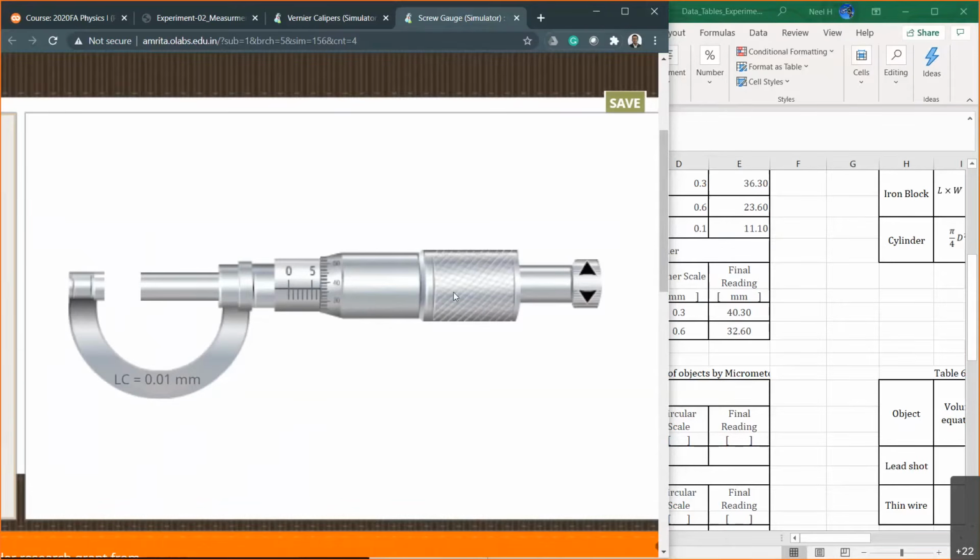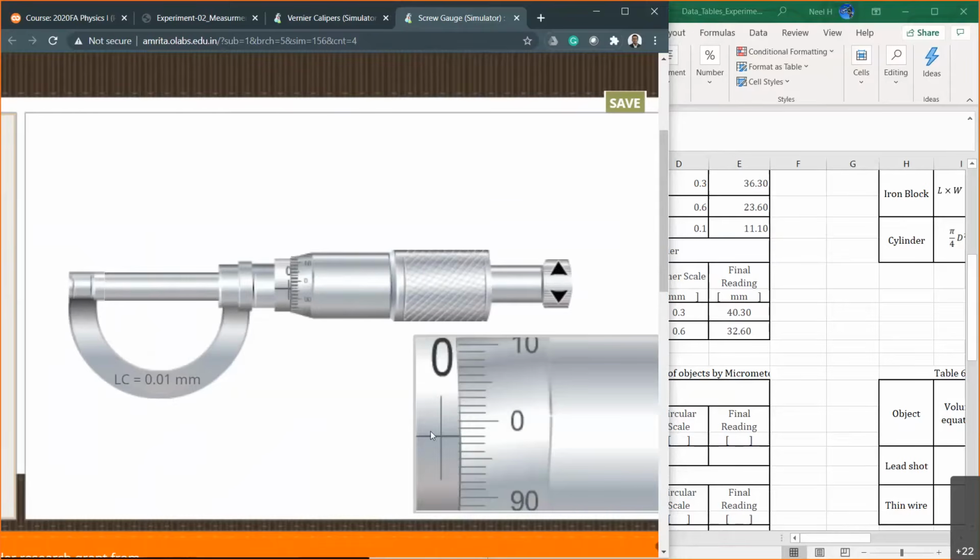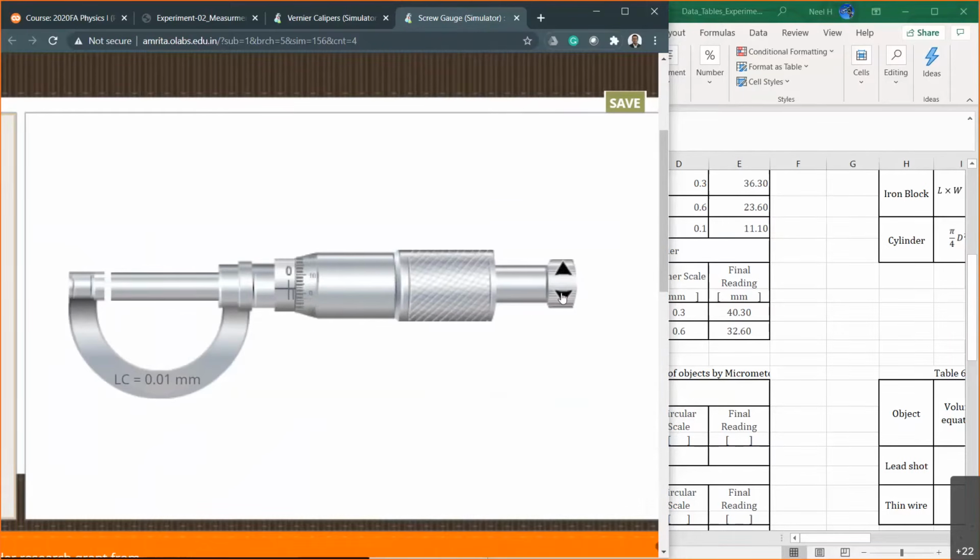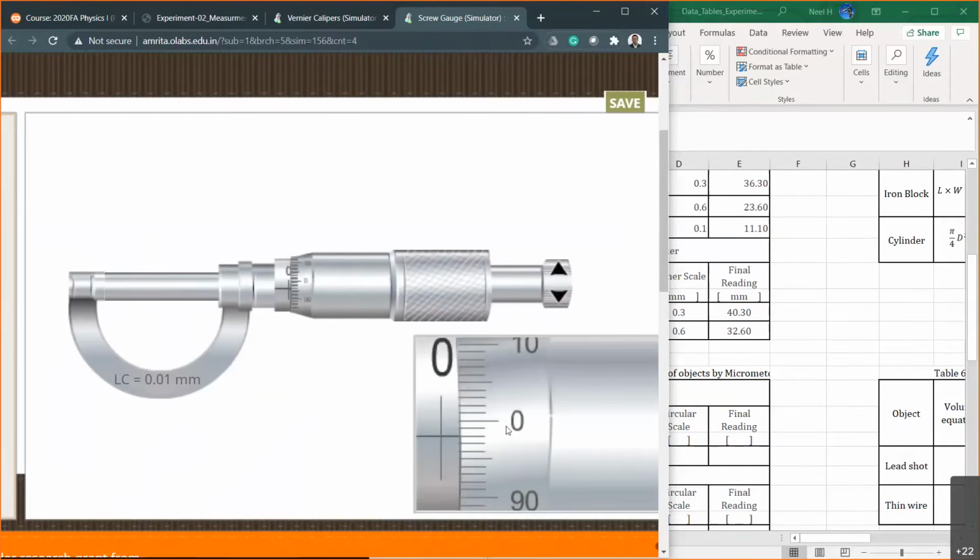Why we don't use this barrel shaped cylinder here to move this in and out is because that can actually damage this instrument. The reason is, if you rotate by using this, and if it is fully closed like this one, you can see immediately after it closes, this appears, which means we have to stop.